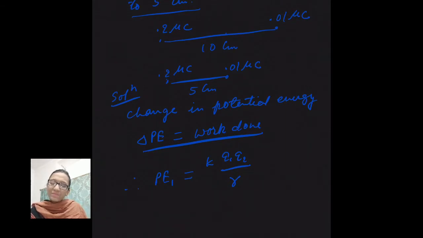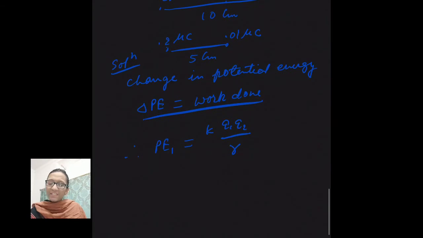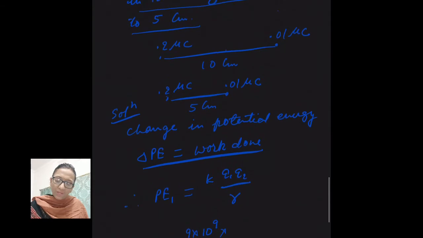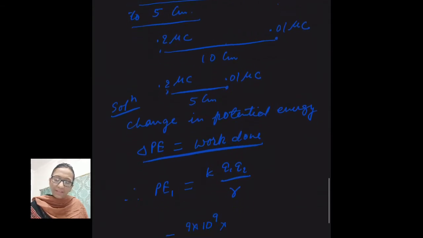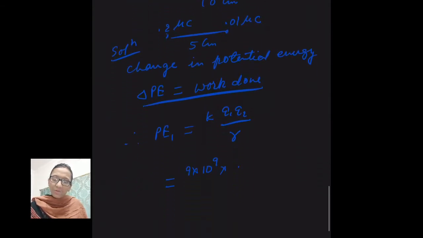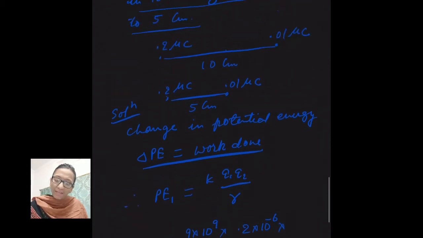So, firstly you will be changing all the quantities into the same system. Here K has value 9 into 10 power 9 in SI system. So let me write every quantity in SI system only. Q1, 0.2 micro, for micro you will be writing 10 power minus 6.